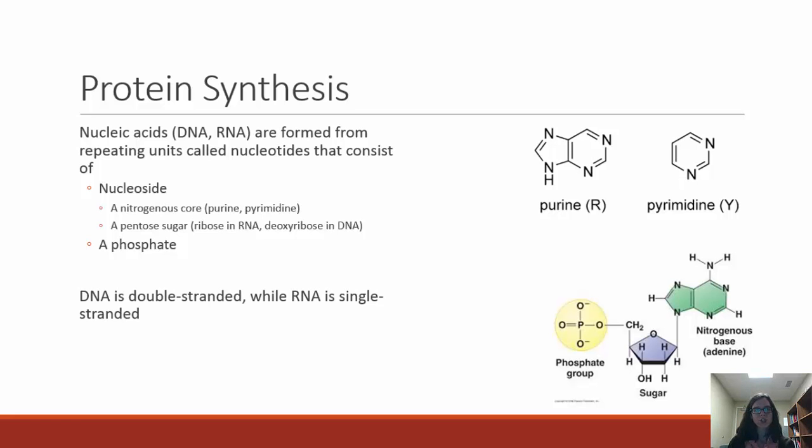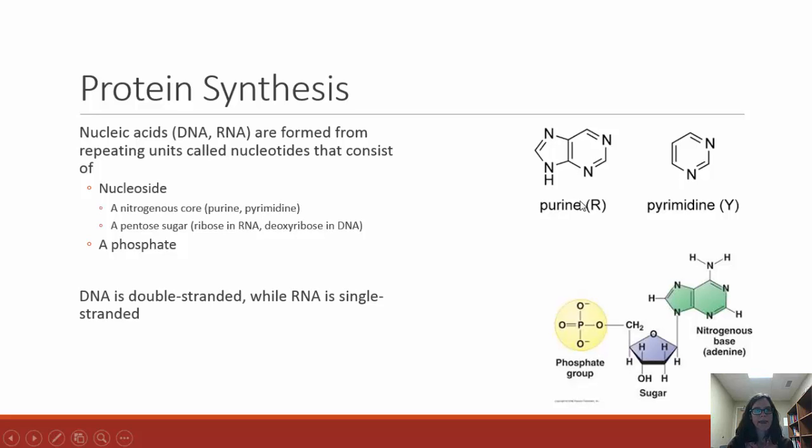And this nitrogenous core is either a purine or a pyrimidine. So the pyrimidines here are 6-membered nitrogen-containing rings, while a purine is a 5-membered nitrogen-containing ring attached to a 6-membered nitrogen ring.